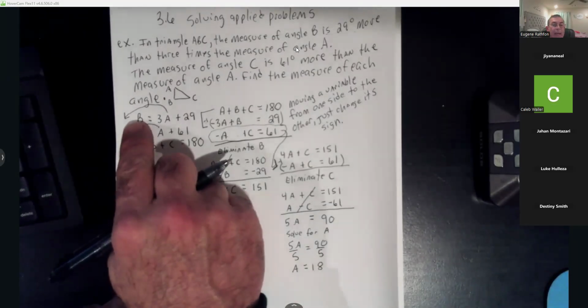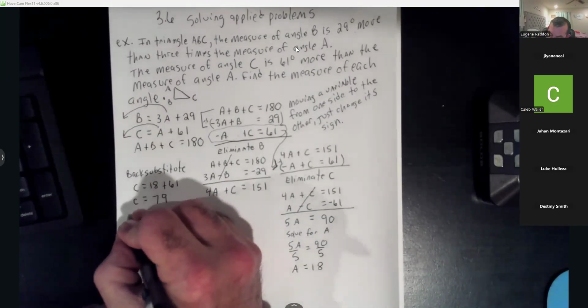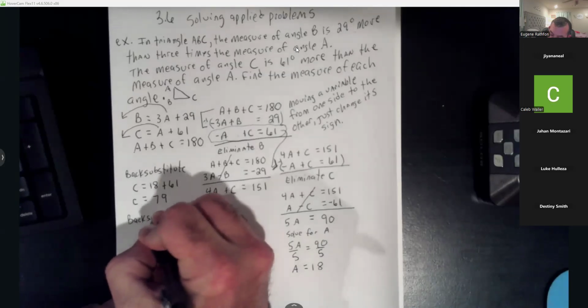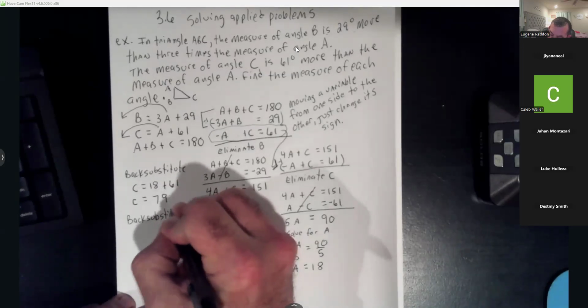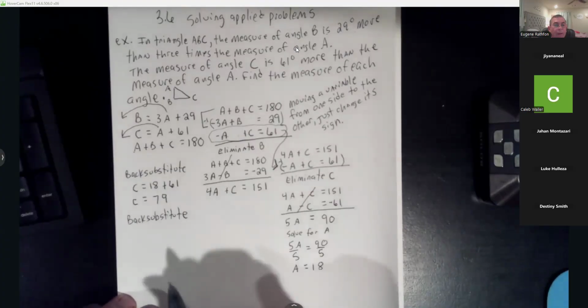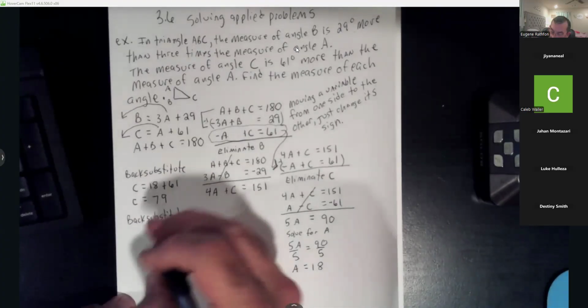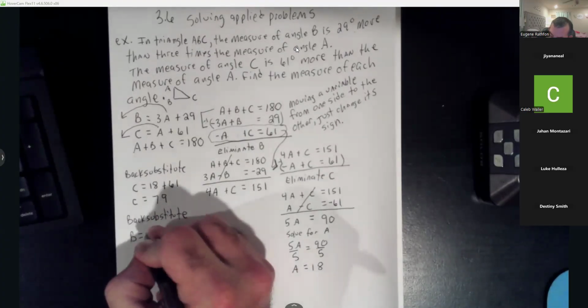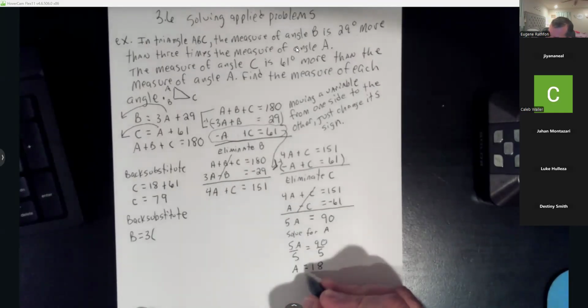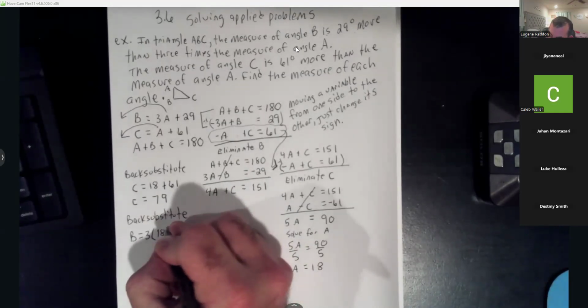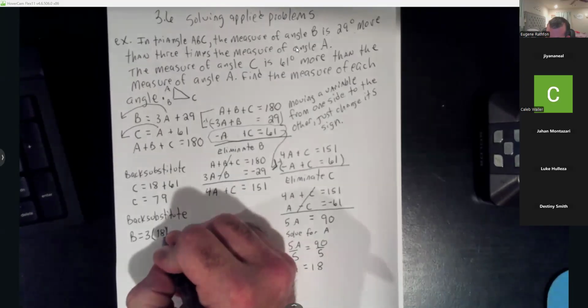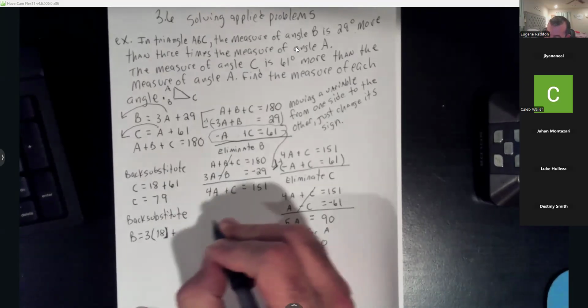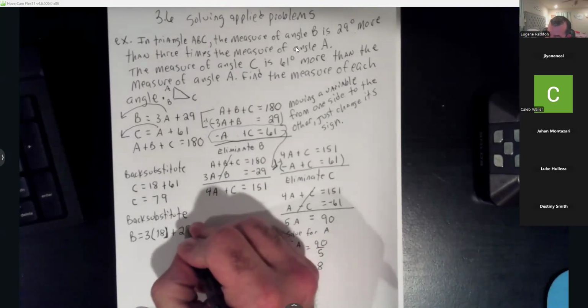I'm going to get B now. So I'm going to back substitute to get the B. And B was 3 times A plus 29. So that'll be 3 times my A, which was 18, plus 29.